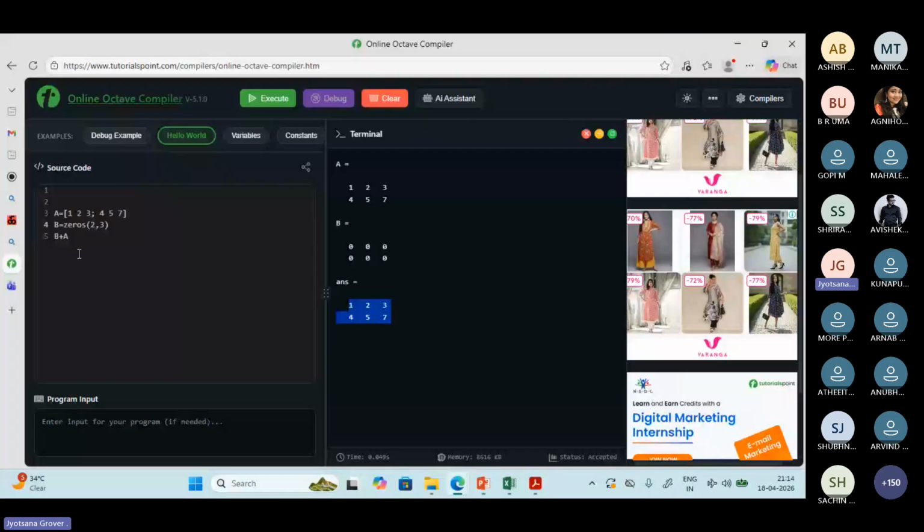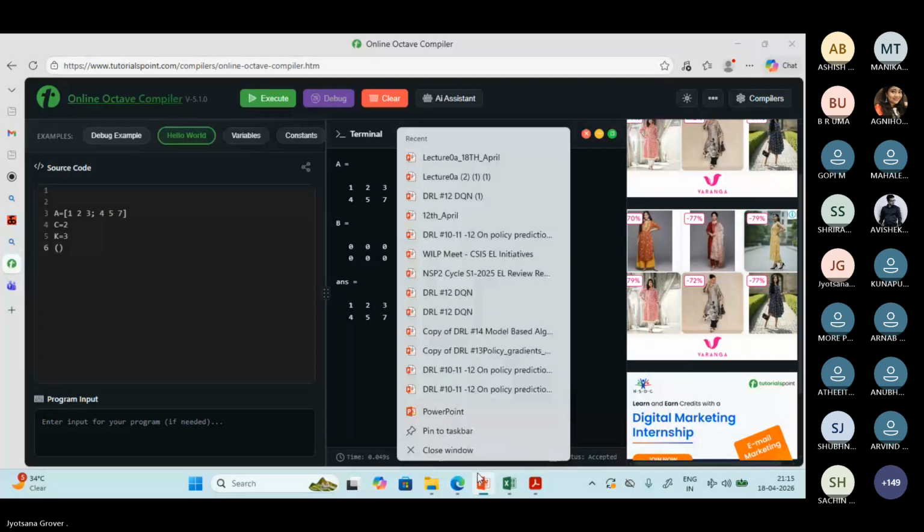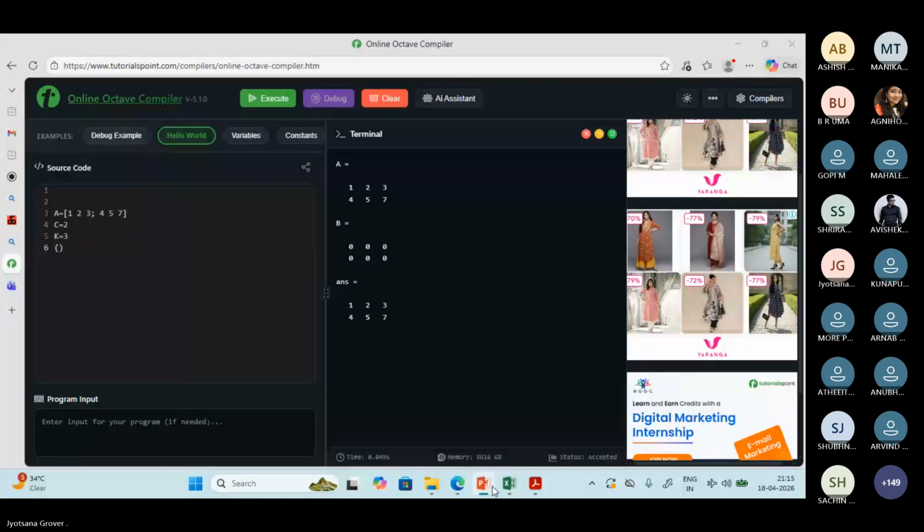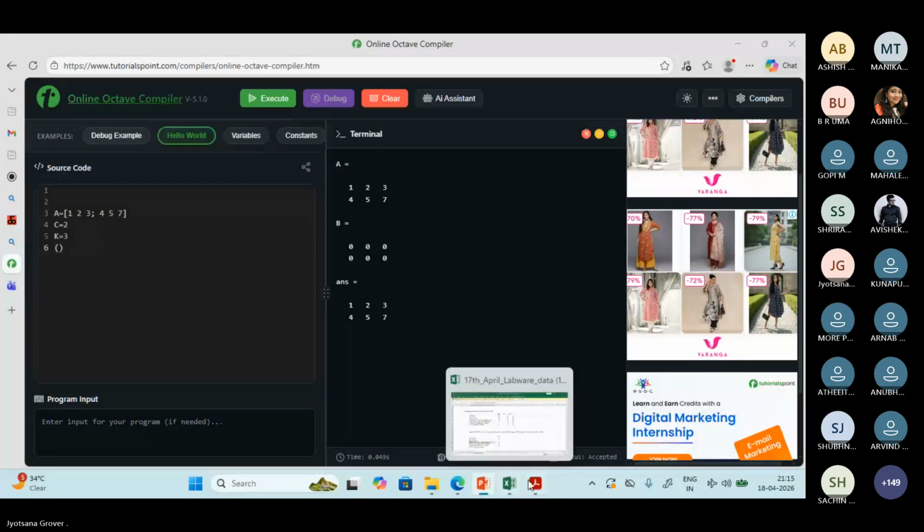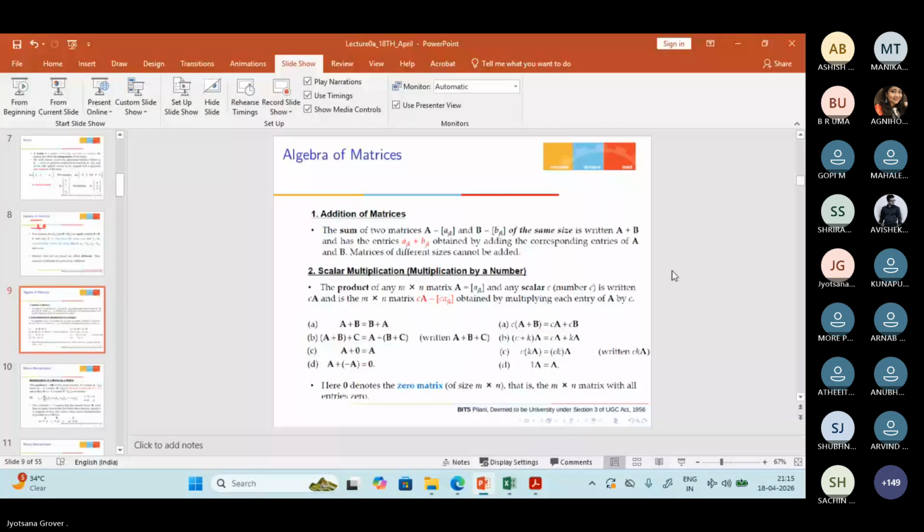Okay, so I'll just show you. Suppose C is 2, K is 3. So I'm saying you multiply C and K first. So first on the left hand side we have, see, now we have to verify this.